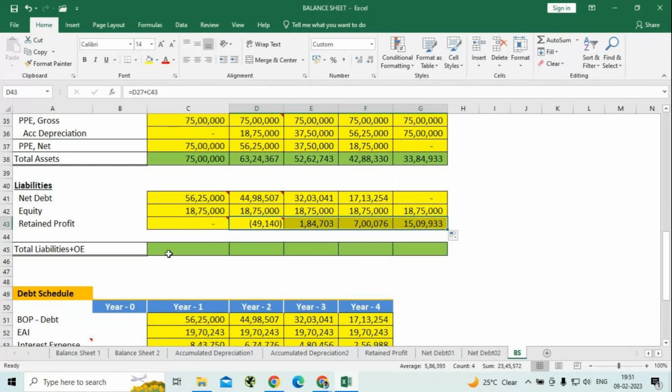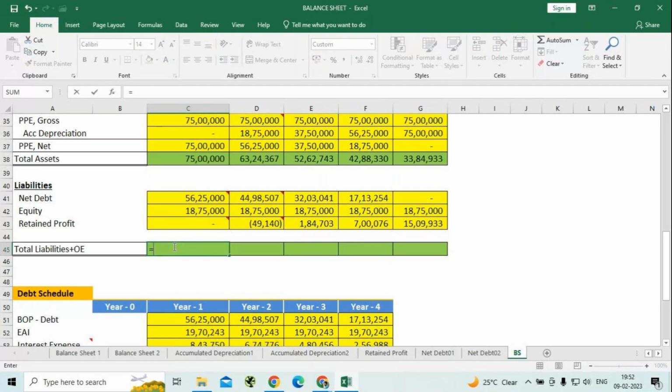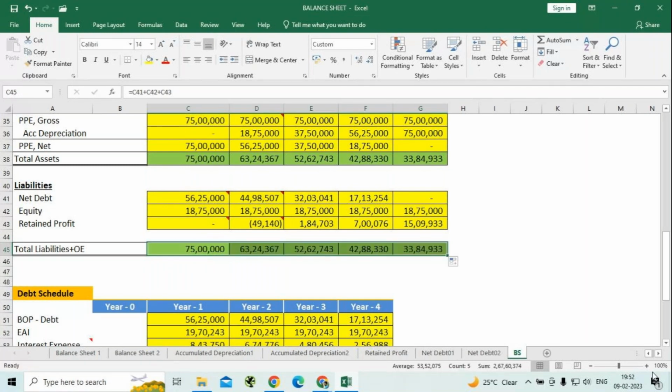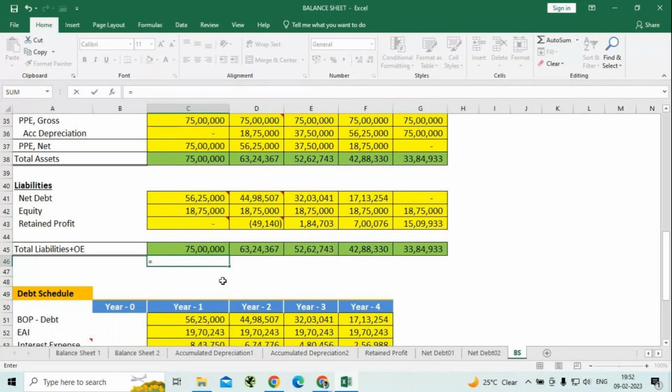Then finally the total liabilities will be calculated: the net debt value plus equity plus the retained profit. Sum up all the values and check it. Now you see that the total assets should be equal to the total liabilities.